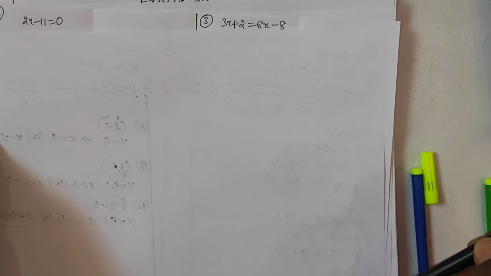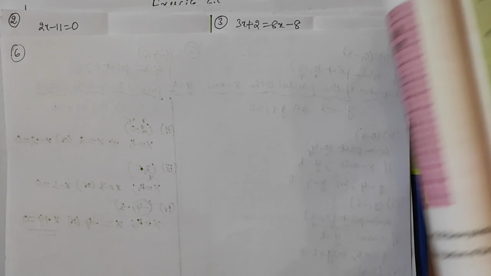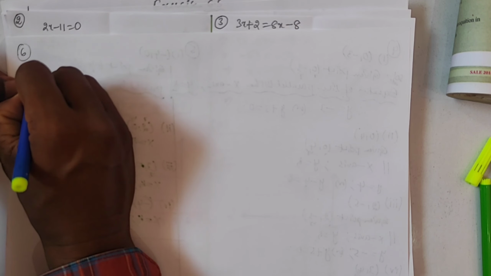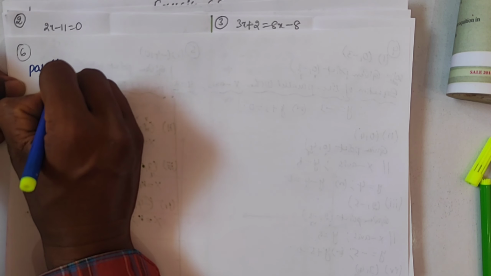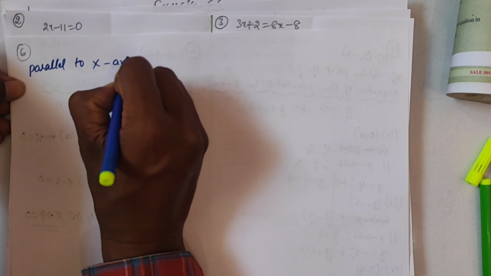And the last question is the sixth one. What is the sixth one given? Write the equation of 3 lines that are parallel to the x-axis and parallel to the y-axis. First one, parallel to the x-axis.